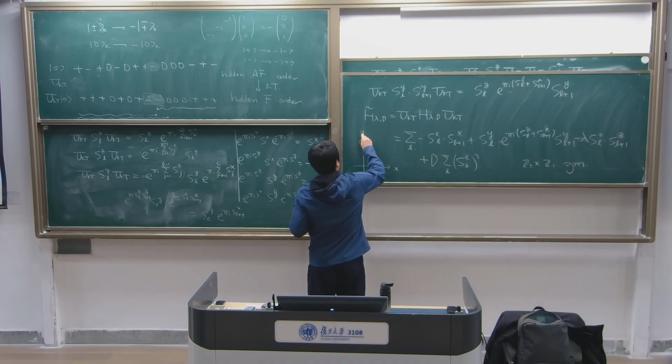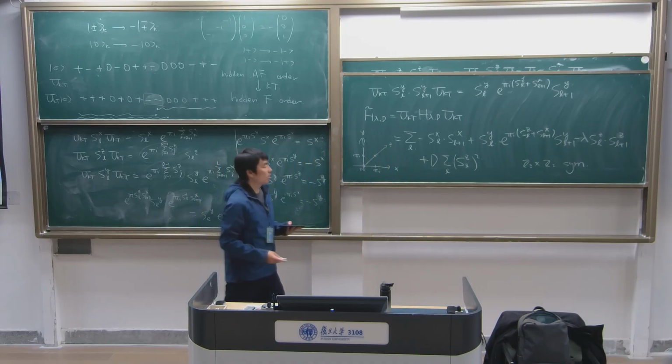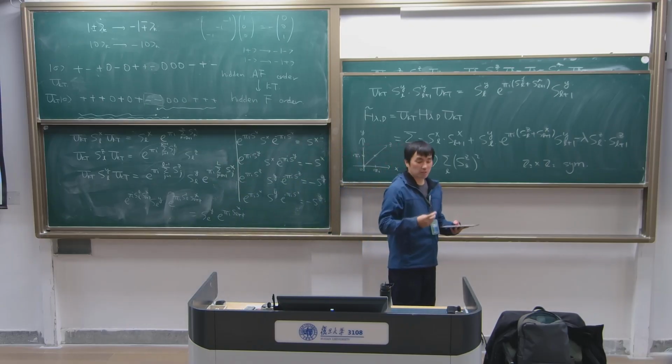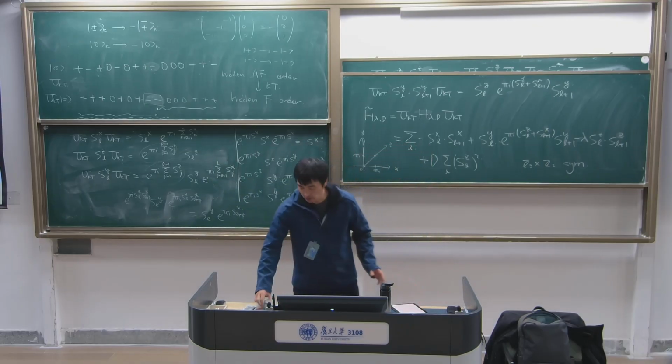So X direction, Y direction. This is by pi rotation. This is zero rotation. By pi rotation. This is actually Z direction. Z direction. Yeah. So if you rotate around X, so let's see.